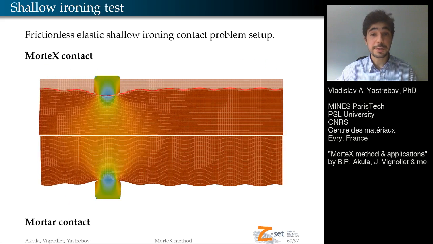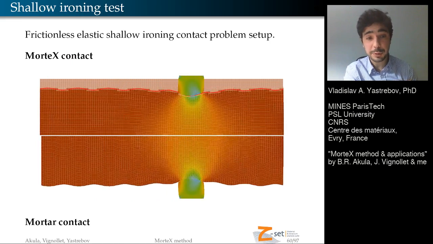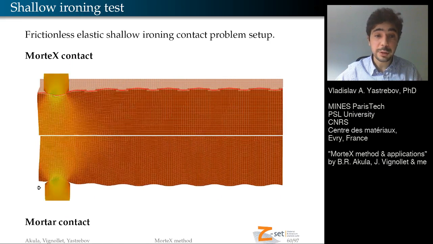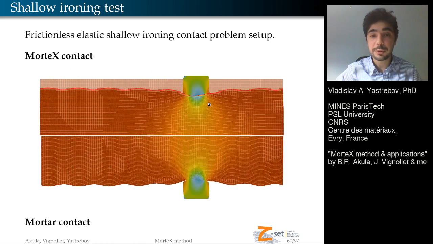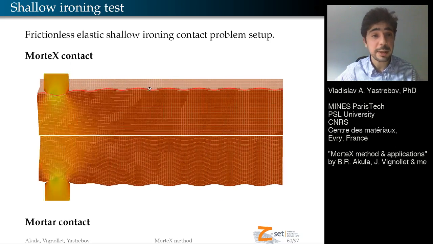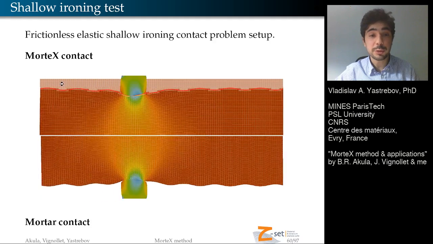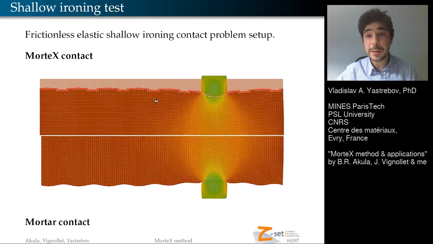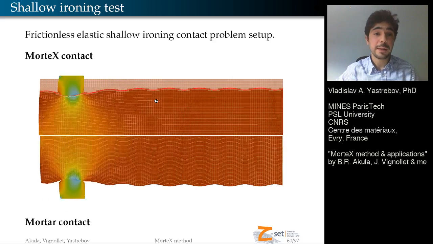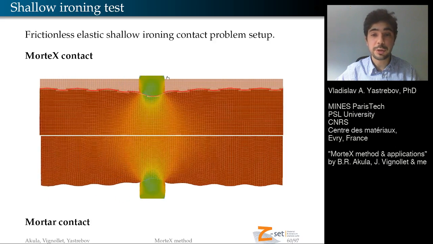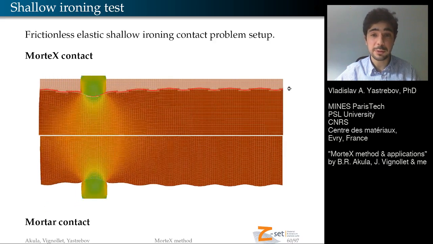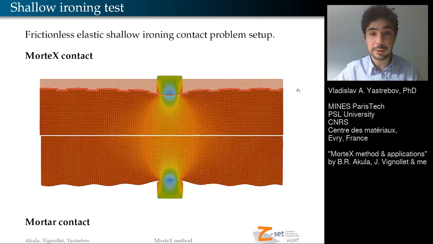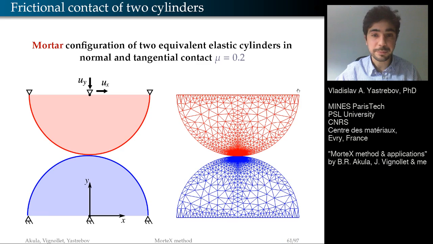Okay, and here is an example of comparison of the Mortar method for sliding over a wavy surface. You can compare the stress field just with the naked eye, and here is the MorteX contact in which this wavy surface was cut from the bulk mesh, and the stress field recovered is almost exactly the same. I don't show the quantitative comparison, but it's almost exactly the same.